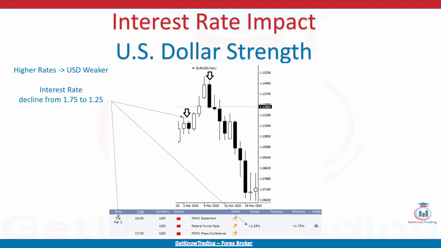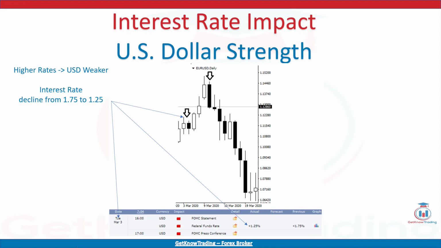Let's see what happens when interest rates impact the US dollar strength. In this case, you can see when interest rates of US dollar declines, which means US dollar is losing the strength. The rate has declined from 1.75 points to 1.25. The chart shows you that Euro is gaining strength against US dollar and the price of a Euro-USD currency pair is rising.